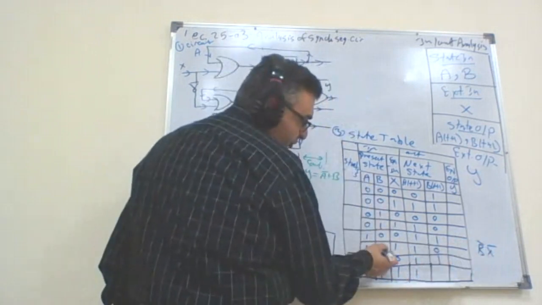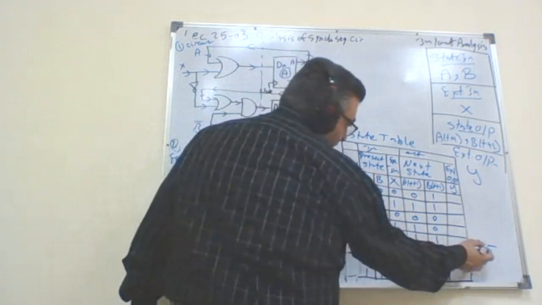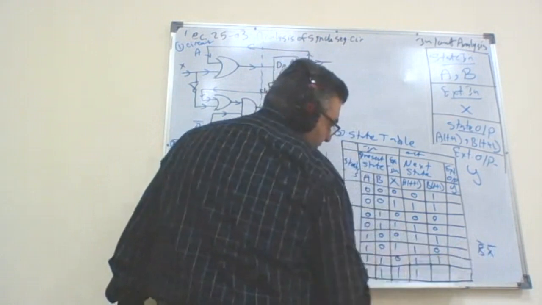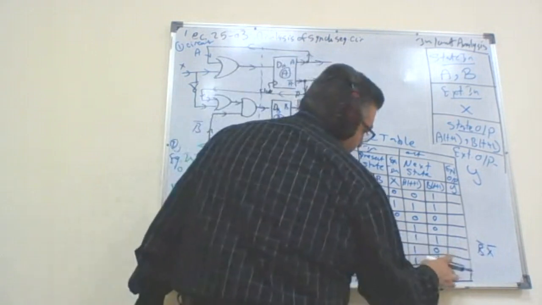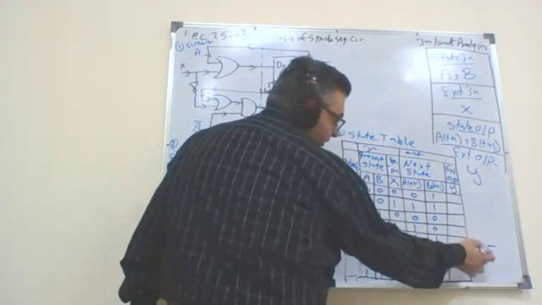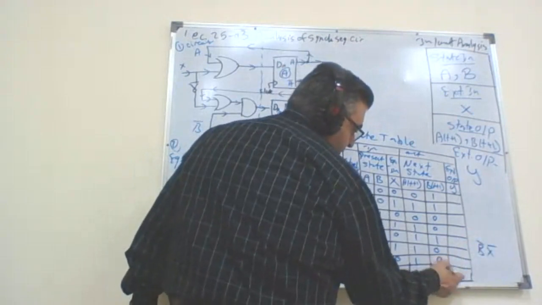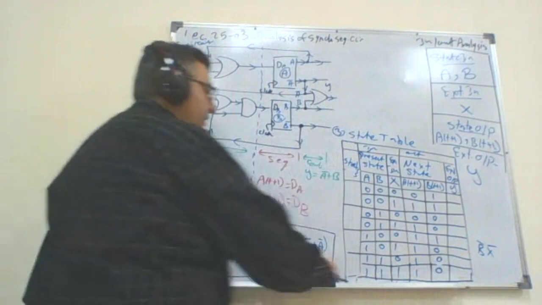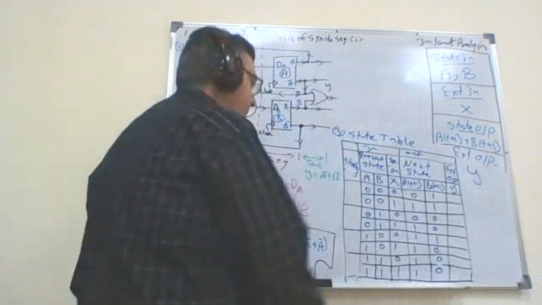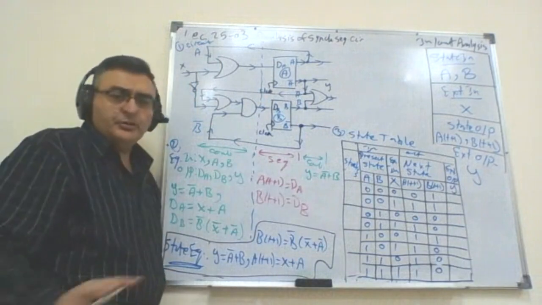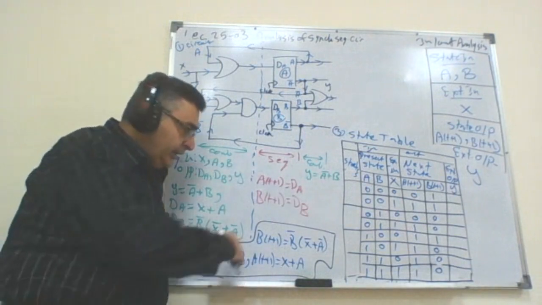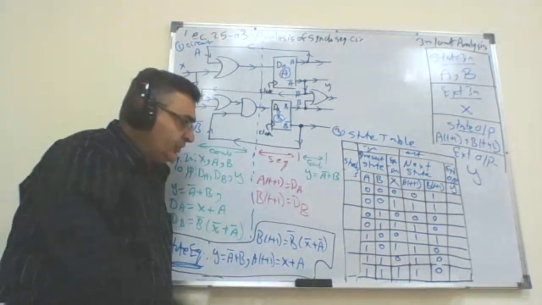When b equals 1, it is 0, because 1 bar is 0. Okay? So 1, 0, 0, 0. Agree? This is simple Boolean algebra. Do it whatever you want, in any method you like. I just substitute here.